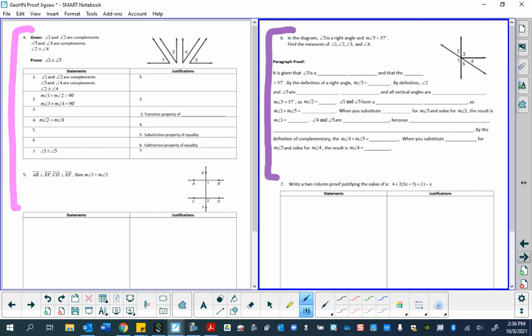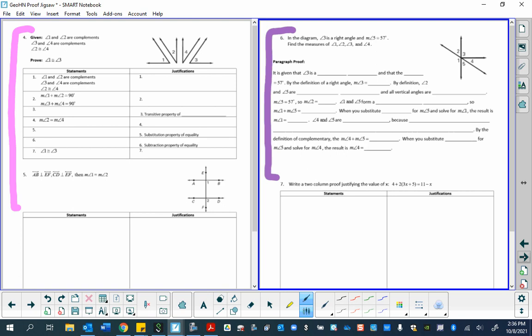So you're going to listen to the yellow person explain the yellow proof, and you're going to be like, oh, I get it. Asking questions if need be. You're going to listen to the green person explain the green proof, and you're going to be like, oh, I have a question. And then you're going to feel good about it. Now when it's your turn, you're going to be the expert and explain your proof. So the work we're doing today makes next class's activity sound good. Are we okay with that?